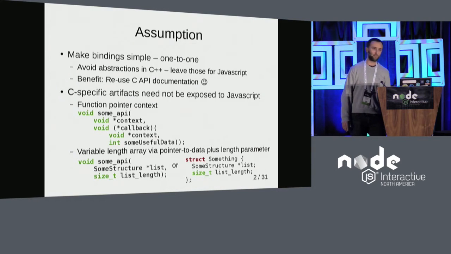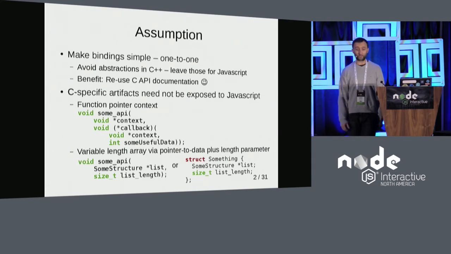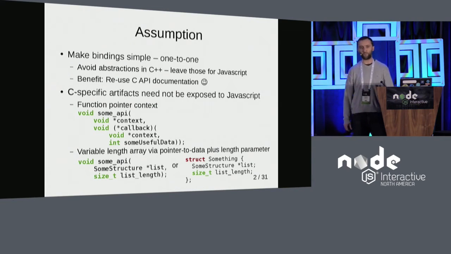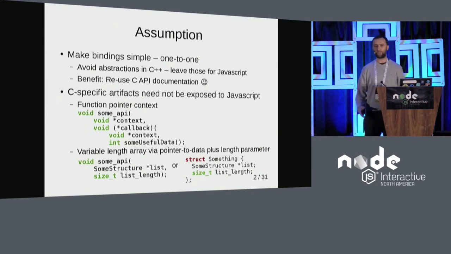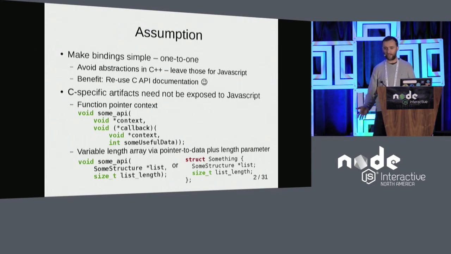Two things that you really don't need to expose to JavaScript are function pointers, or rather the context of function pointers, because in JavaScript it's very easy to make a closure and pass any and all data that you need. You don't need to pass that all the way through to C and then back to JavaScript just so you have context. And the other thing you don't need to worry about is this C thing, where if you have an array, then you always have a pointer, and then you have an integer that is the length. JavaScript arrays obviously have that, so you don't need to worry about it.